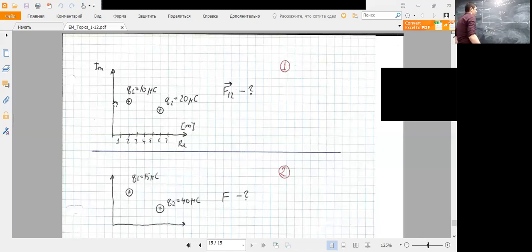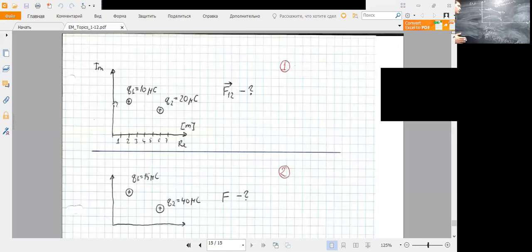So first of all, we should find the distance between the two charges. R12 is equal to R2 minus R1. So 6 plus 3j minus 2 plus 4j is equal to 4 minus j, just minus 1j.